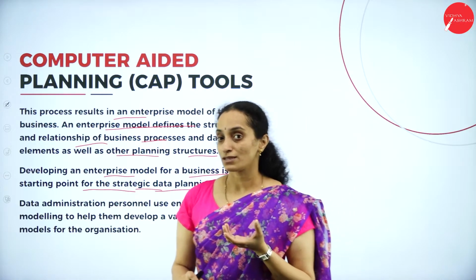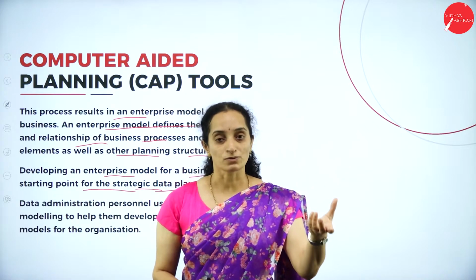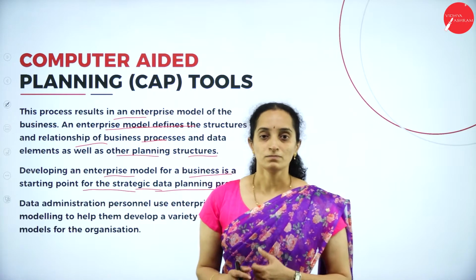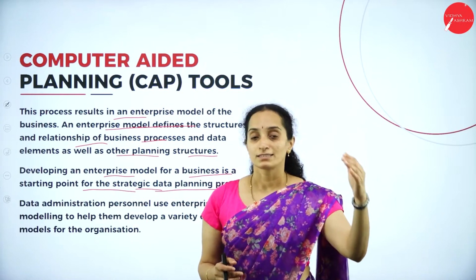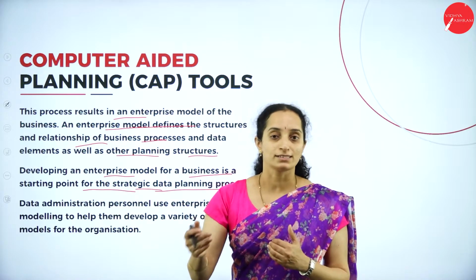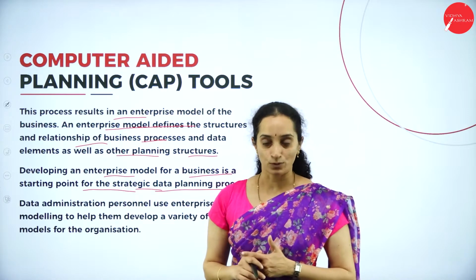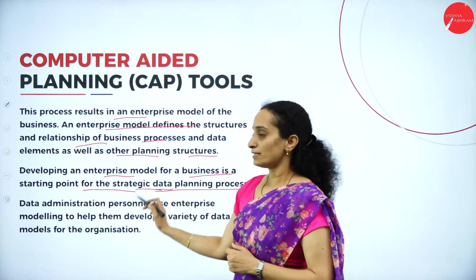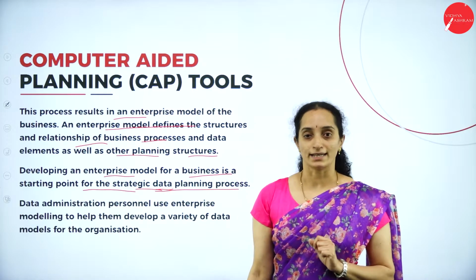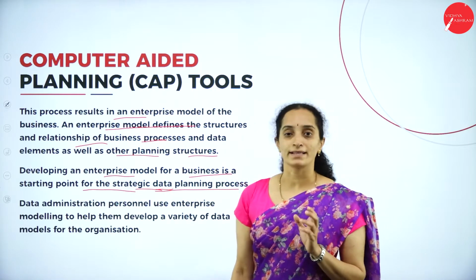It is not about whether you have to get material from this supplier or sell this to this consumer. That plan is not assisted by the CAP tools. It is the planning related to the data, which is called the data planning process.